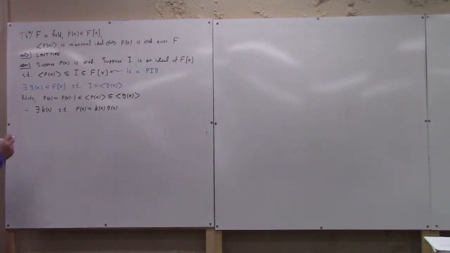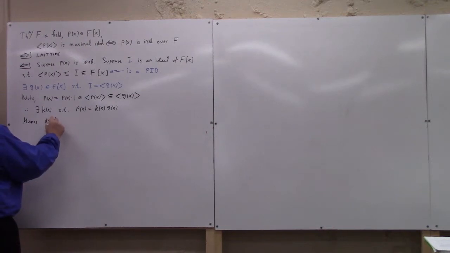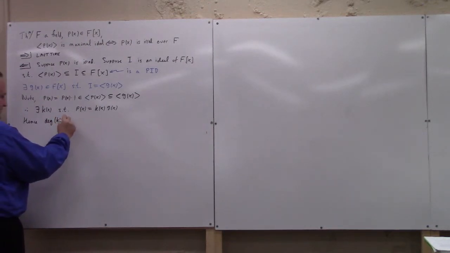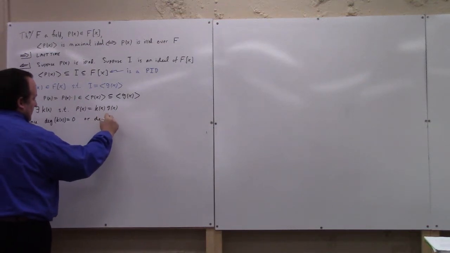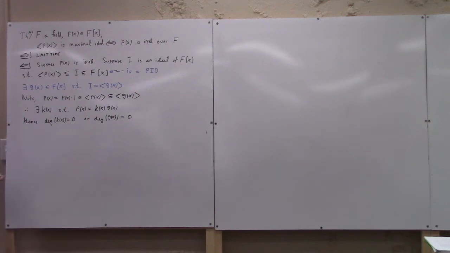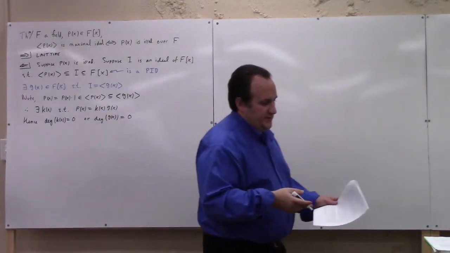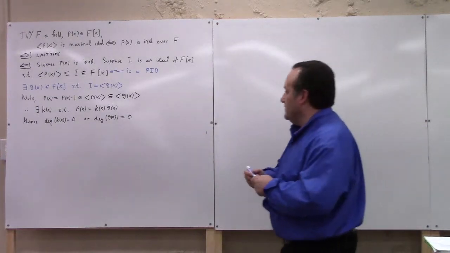Hence, the degree of k of x is equal to 0, or the degree of g of x must be equal to 0. Why is that? Because at least one of those has to be a unit, and the units are non-zero constant polynomials.